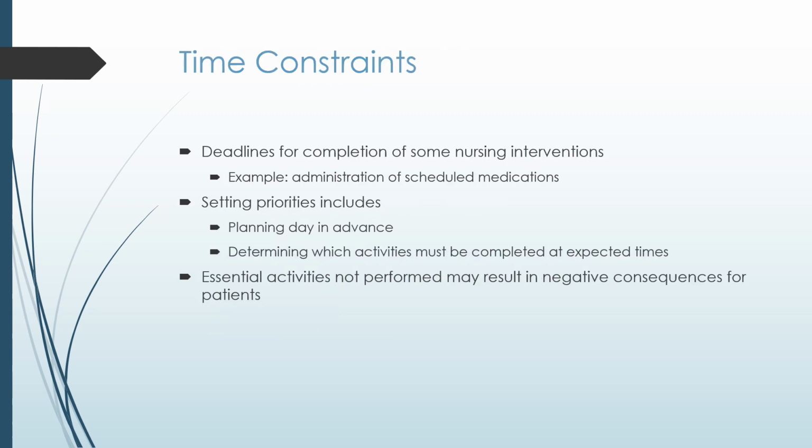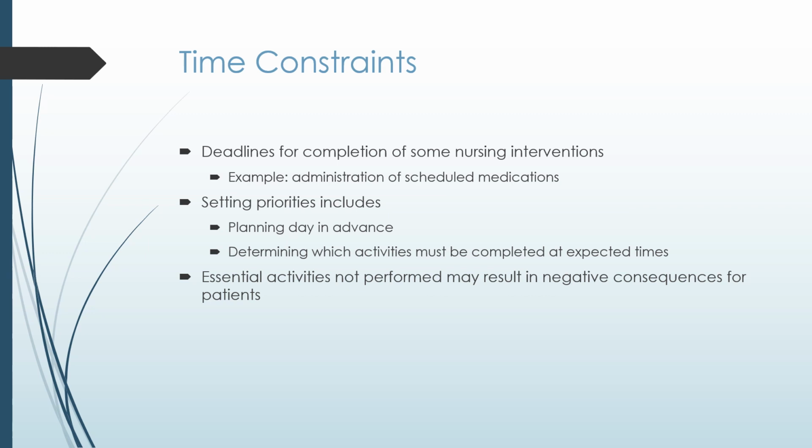So we know time constraints. We know there are some deadlines for completion of some interventions, and I gave that example earlier in the PowerPoint when I talked about scheduled medications, vancomycin, or scheduled antibiotics. Those antibiotics are administered every 12 hours, every day at a certain time, Q6 hours.